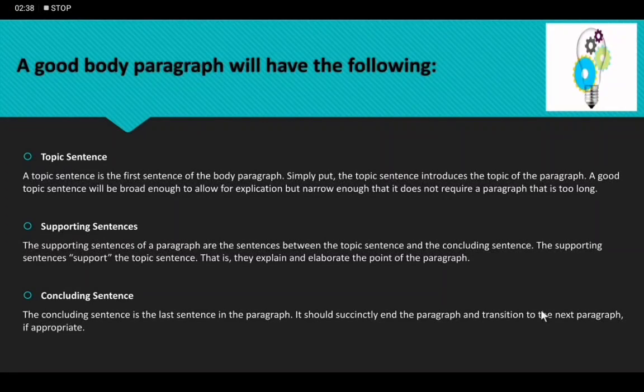It introduces the topic of the paragraph. Supporting sentences, from the word itself, support the topic sentence. They elaborate and explain the point of the paragraph, while the concluding sentence is the last sentence in the paragraph. So remember, a good body paragraph will have the following: topic sentence, supporting sentences, and concluding sentence.